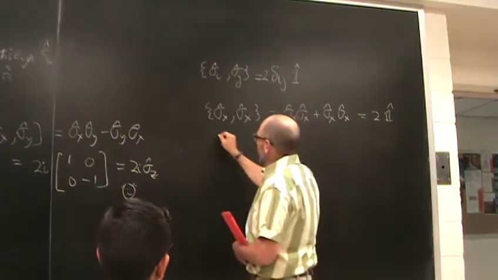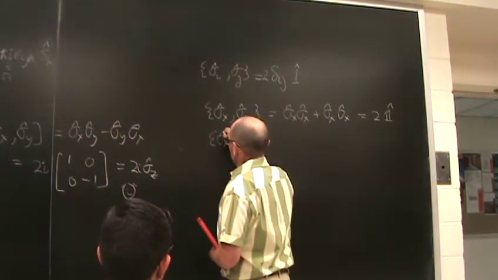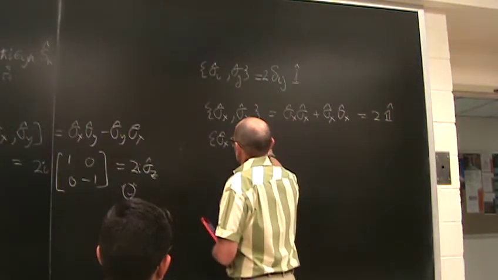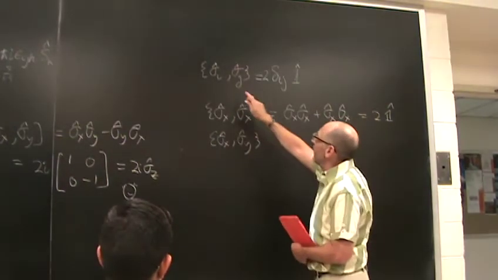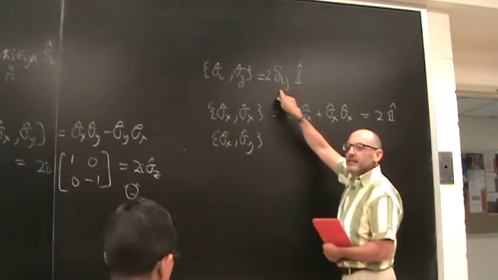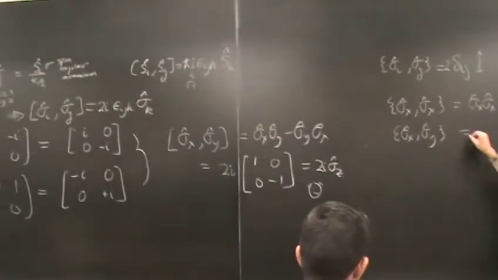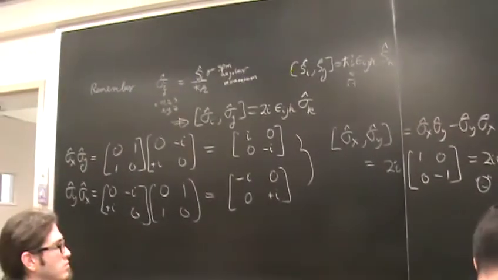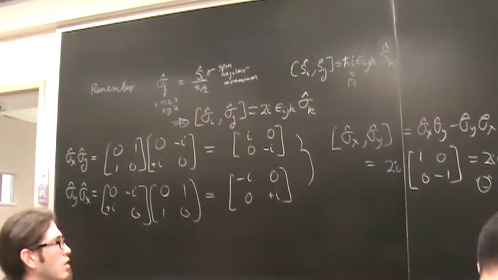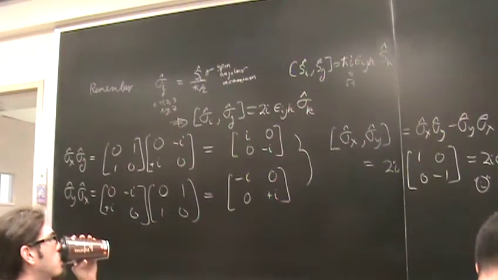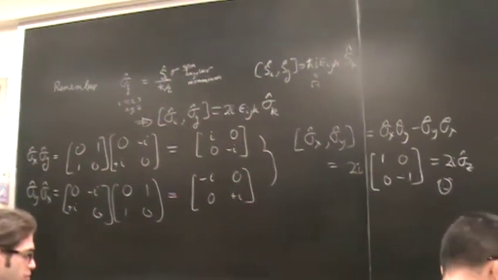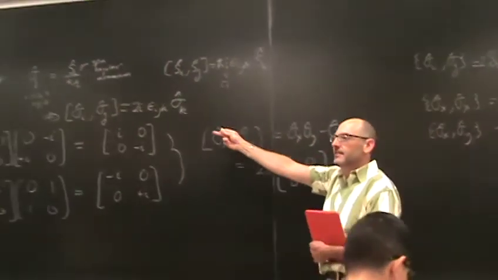The anti-commutator of sigma x and sigma y, that's to say, for i isn't j, this should be 0. Is it? Well, that's sigma x times sigma y plus sigma y times sigma x. We just did that.